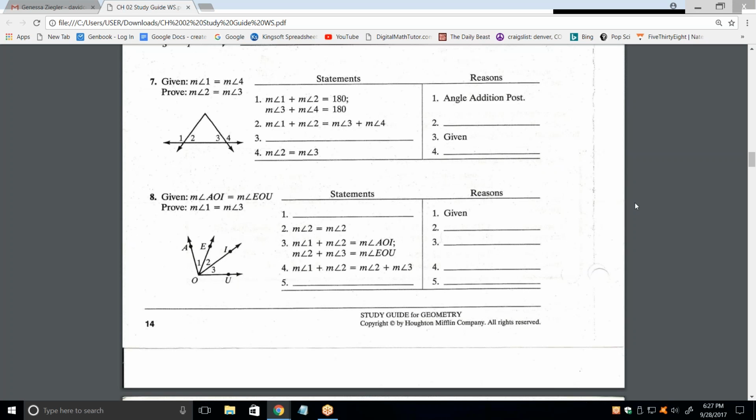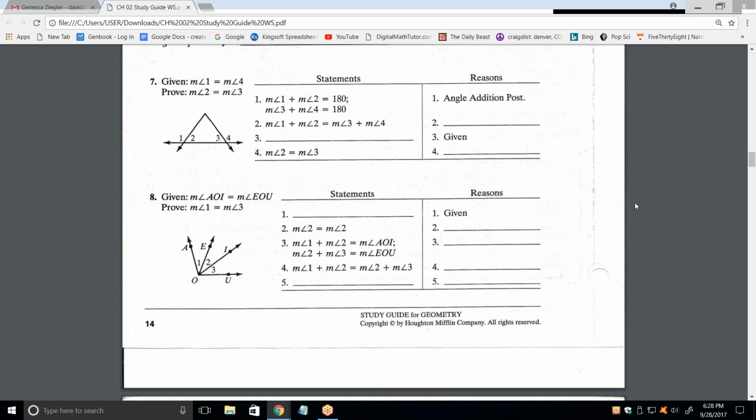I've always used linear pairs for that reason. I'm not even sure why it's the angle addition postulate. I guess it could be that also. In other words, angle 1 plus angle 2 equals the whole angle, which is 180. Still, that reason is a little disturbing to me.